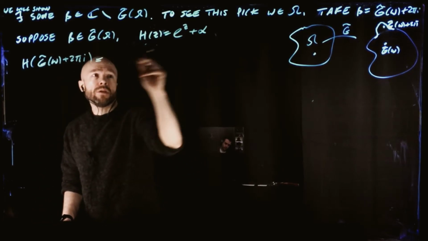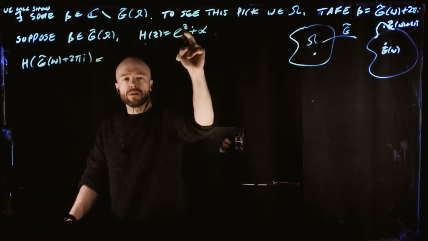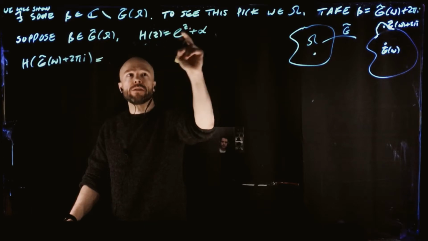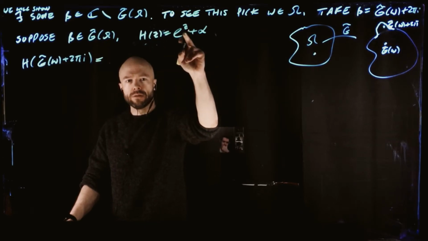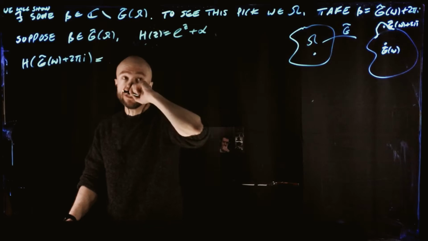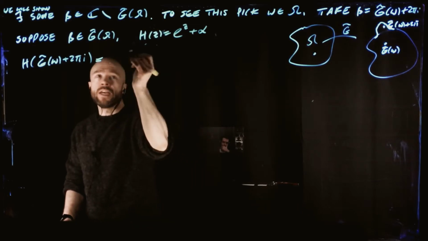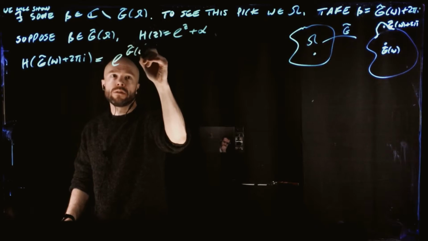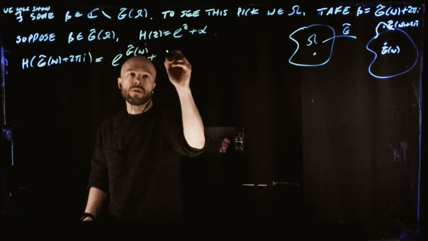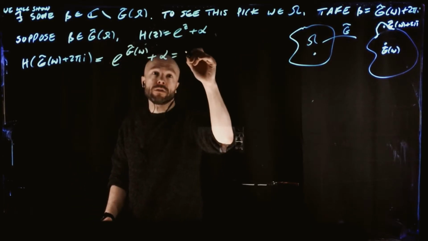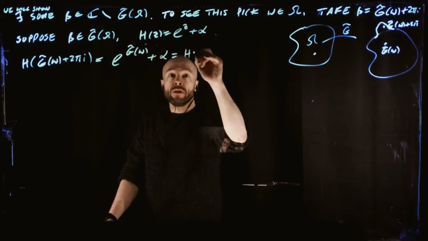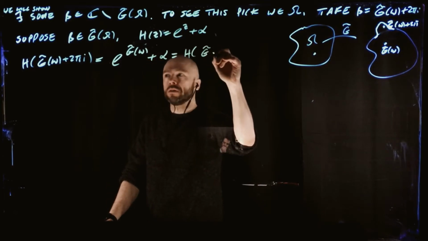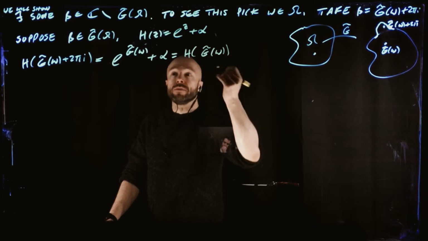By definition, this 2 pi I thing is not going to be noticed when we stick it into this e to the z. So this will just be the same as h of G tilde of w plus alpha, which is just h of G tilde of w.